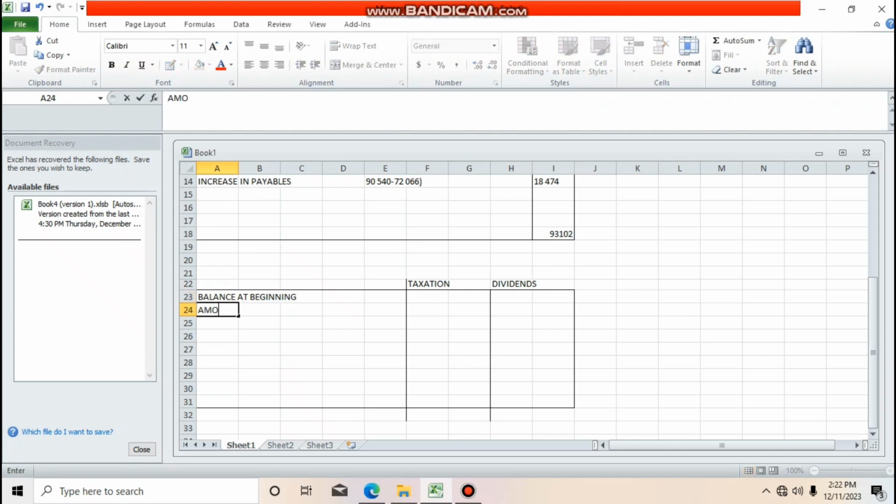Here we're going to have the amount in the income statement. Then we're going to have the balance at the end, and then here we're going to have the amount paid.